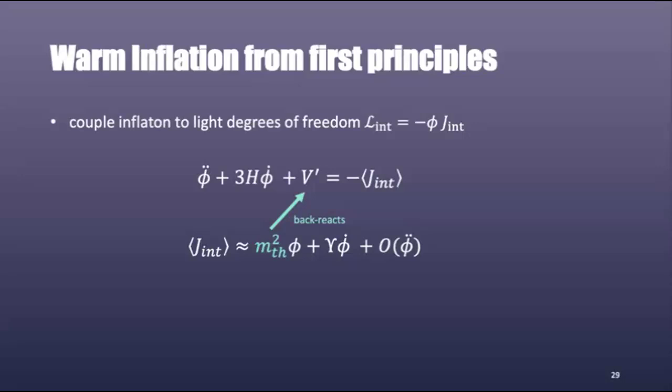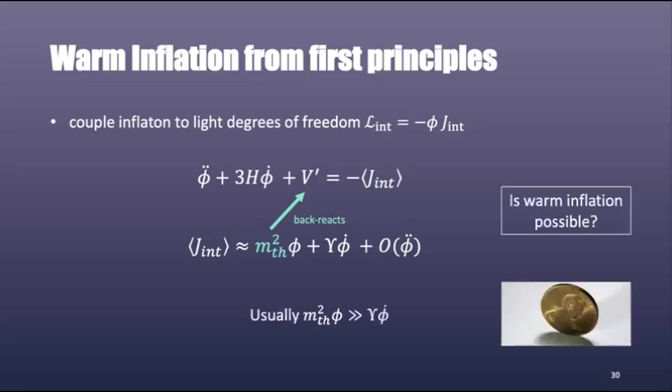There was an argument that if this mass term is larger than this, which is generically what you seem to get, then you cannot be in an inflating universe where you get a friction coefficient that keeps you warm during inflation. So it's this question: can we do this? Is this two sides of the same coin, where if we want this one effect, we also always get this other effect?